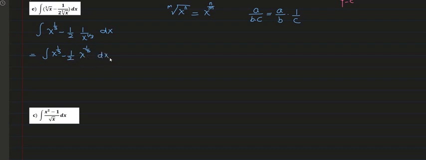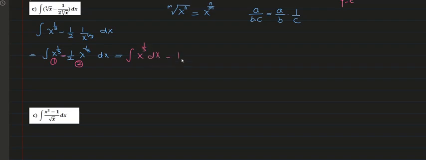So now we can apply the rule directly. We have something minus something else, so we can apply the integration for that one first, and then for that one after that, separately. They are not related to each other. The minus acts as a separator, and the integration can be distributed.